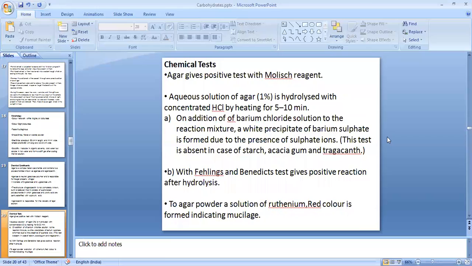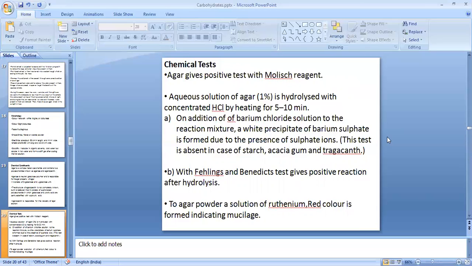And next, chemical tests. So agar, being a carbohydrate, gives a positive test with Molisch reagent, and the agar solution after hydrolysis, as I already told you, gives with barium chloride a white precipitate of barium sulfate, which is due to the presence of sulfate ions after hydrolysis.